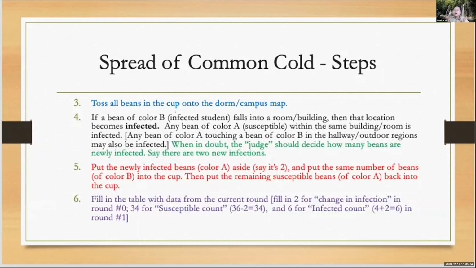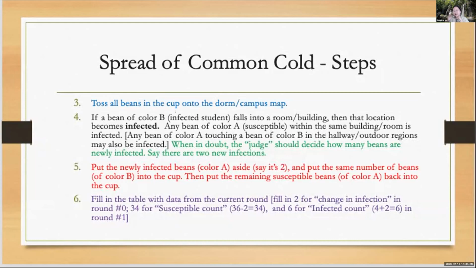We toss the beans onto the dorm map or campus map. If a bean of color B, namely an infected student, falls into a particular room or building, then that location is going to be infectious that particular day. So any bean of a different color, a susceptible one, within the same building or the same room would be infected.